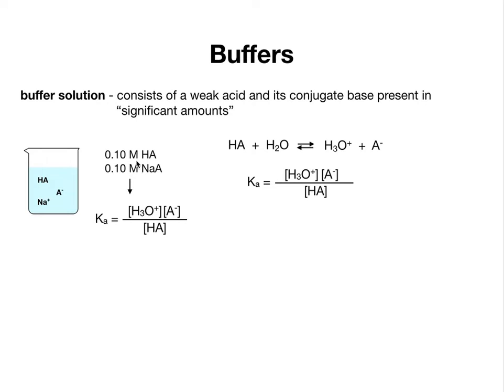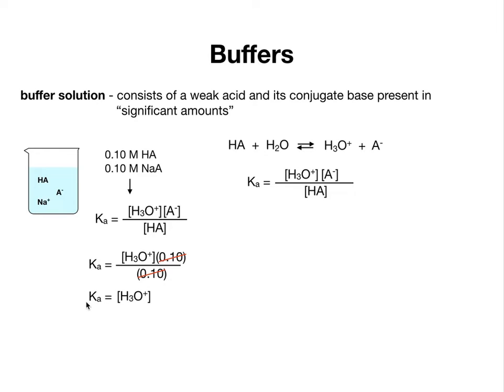Okay, now if we substitute into this equation our Ka expression, we have 0.10 moles per liter of HA, 0.10 moles per liter of the anion. Notice that those are going to cancel out, and we end up with our hydronium ion concentration being equal to the Ka.